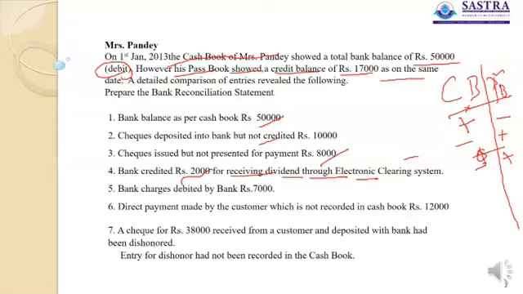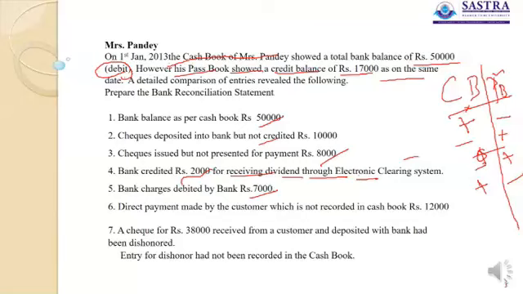Bank charges debited by the bank, 7,000. It's a payment. That payment decreases the passbook's balance and increases the cash book balance, being a payment which has not yet been brought into the notice of the trader to be entered in the cash book.